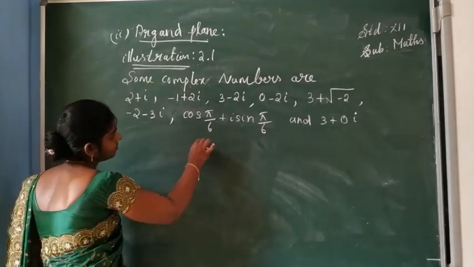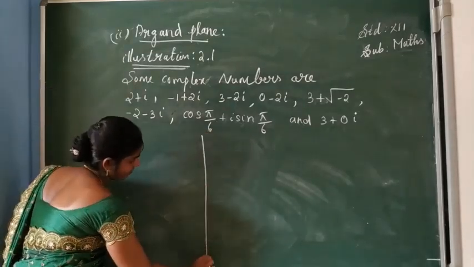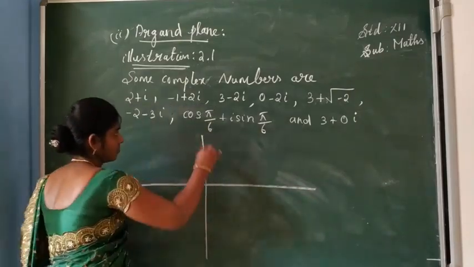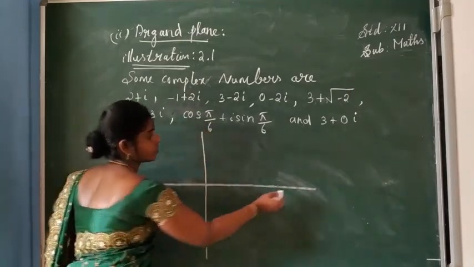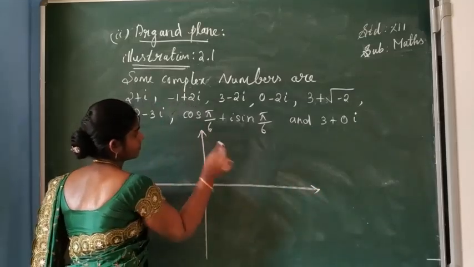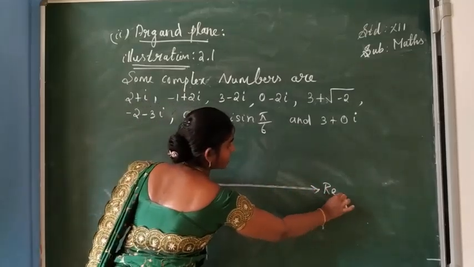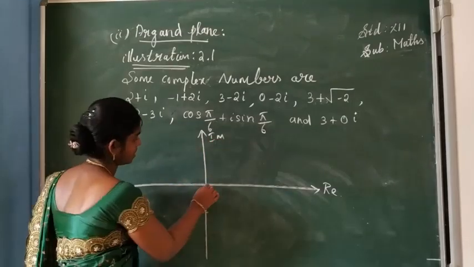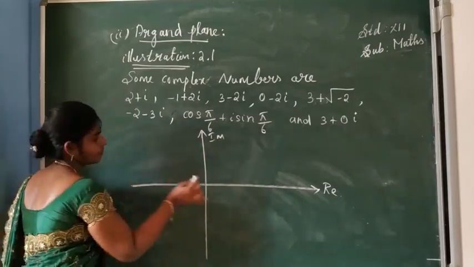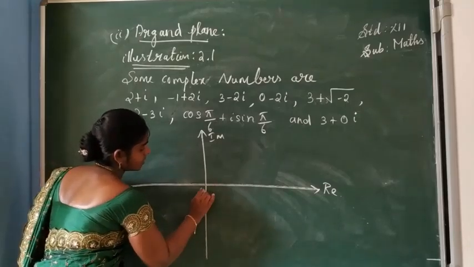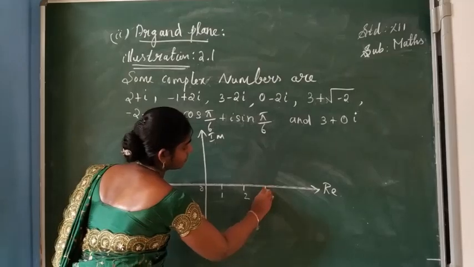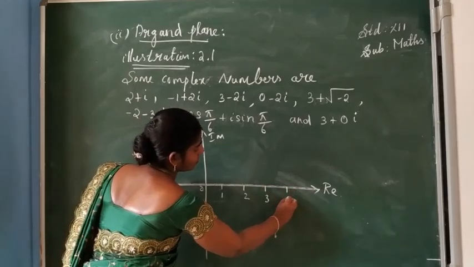So we have the graph. This is the real part and this is the imaginary part. Okay. So 0, 1, 2, 3, 4.